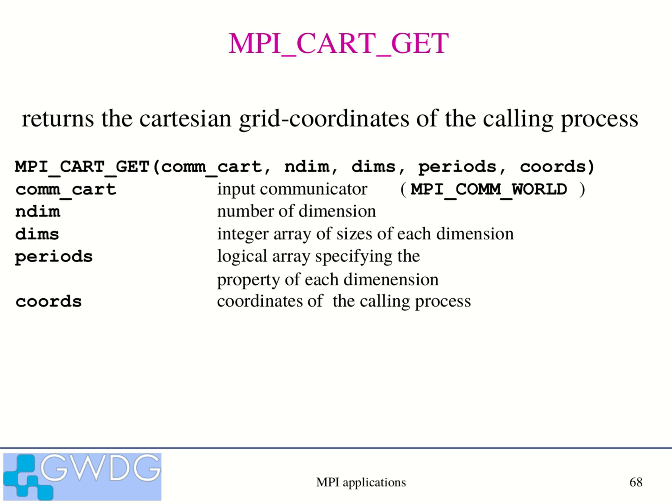Call MPI_Cart_get with the new communicator as input. Again, you give the number of dimensions of the processor grid, the size of each dimension, and the periods. Then you will get the coordinates of the calling process in this new virtual topology. So the coords array has as many elements as the grid has dimensions.